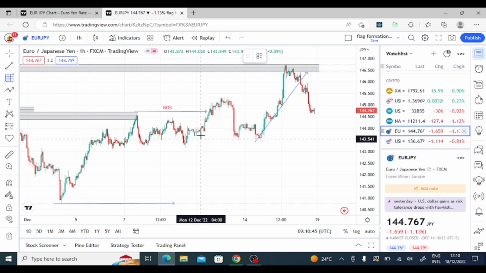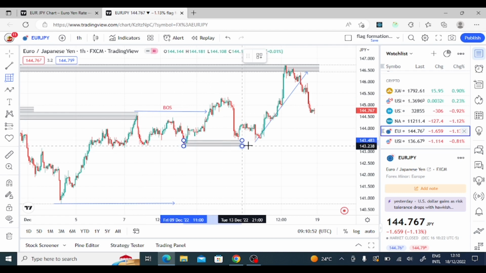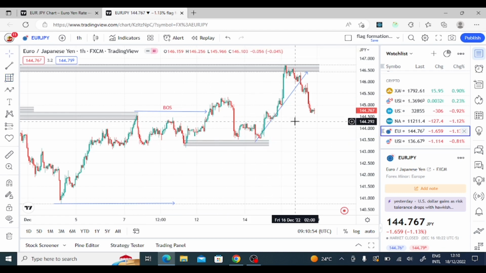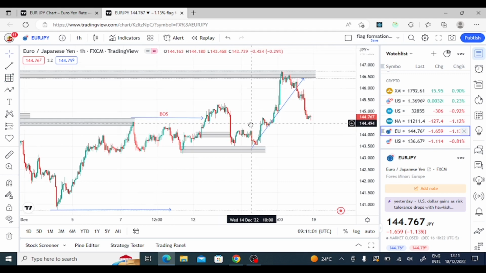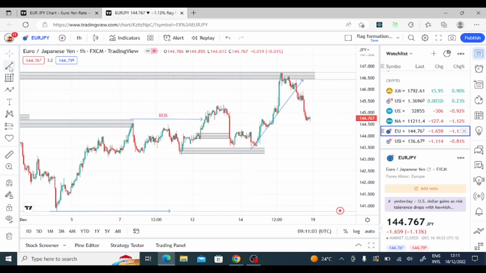You can see that this is our extreme supply down here, and sometimes you want to enter from here, but when you look closer you'll see that we have some form of liquidity here.